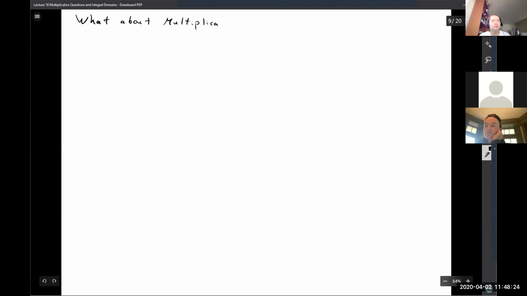Of course, not every element would have a multiplicative inverse, but when it has one, we will call it a unit. So that will be our definition 4.